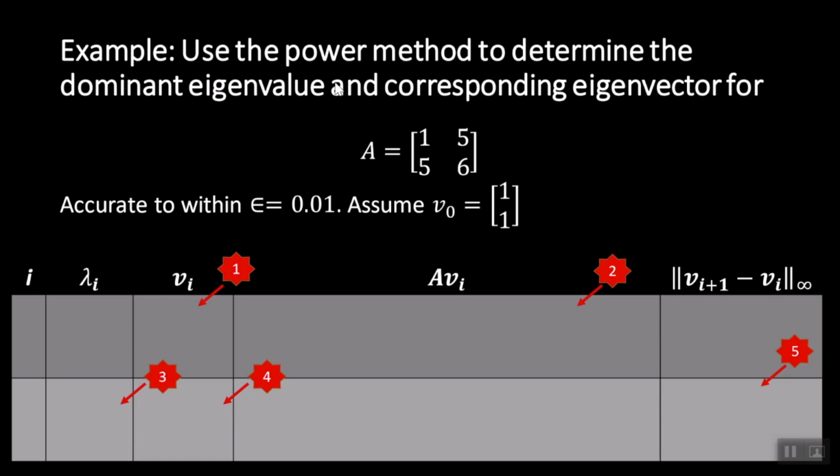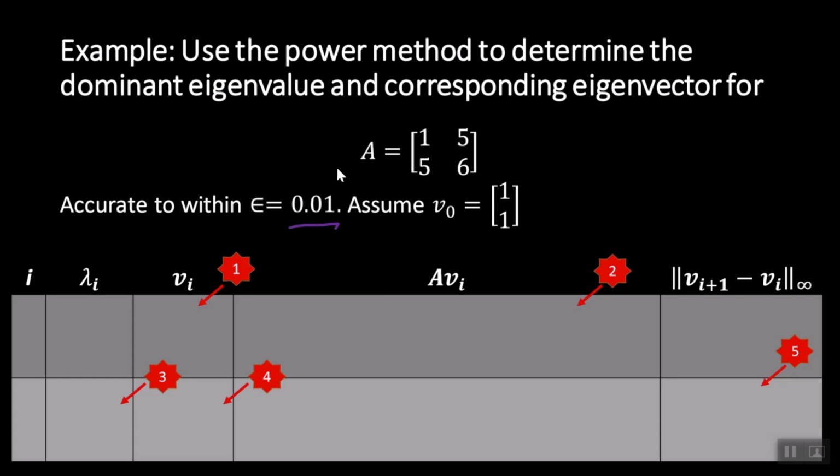Okay, in this example, we would be using the power method to determine the dominant eigenvalue and corresponding eigenvector for a 2 by 2 matrix A, where the stopping criteria is 0.01 and the initial vector is given as 1, 1.